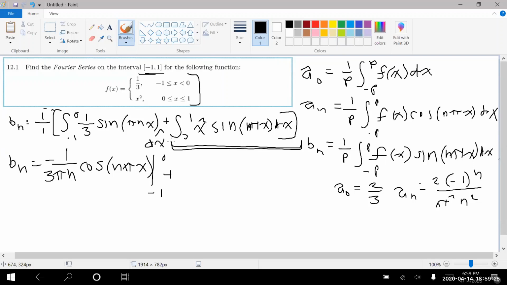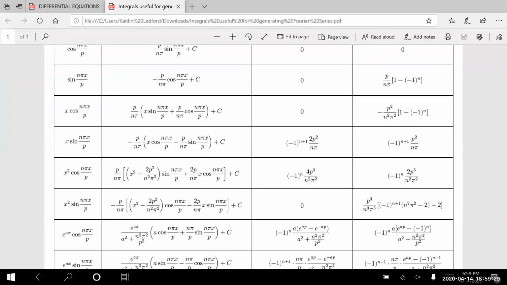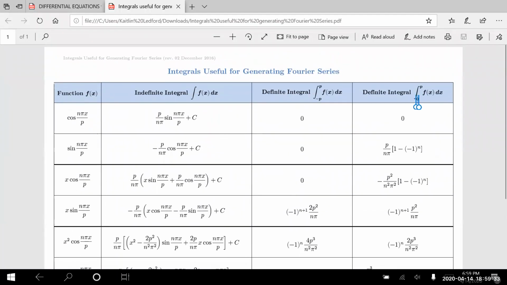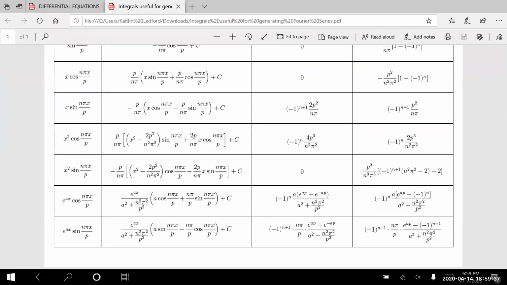We can actually just go to our chart over here. We're dealing with an x squared function, and we're evaluating from 0 to some known p. So we can just plug in these exact values, which is really nice because, like I said, it's a very nasty integration.